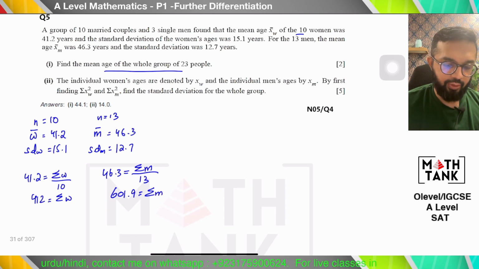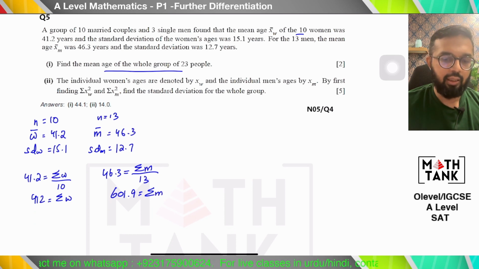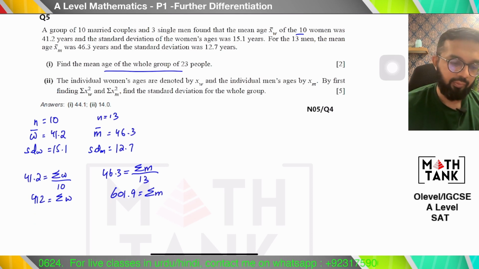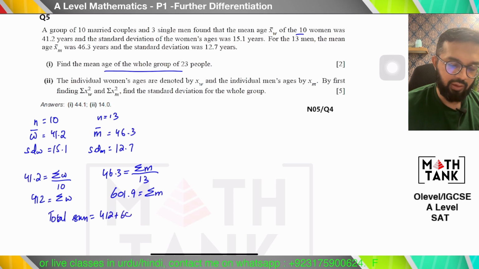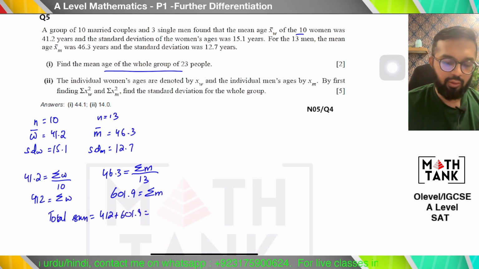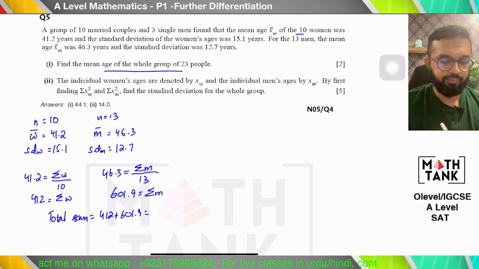Okay, so then I have the total sum, 412 plus 601.9. It gives me what?